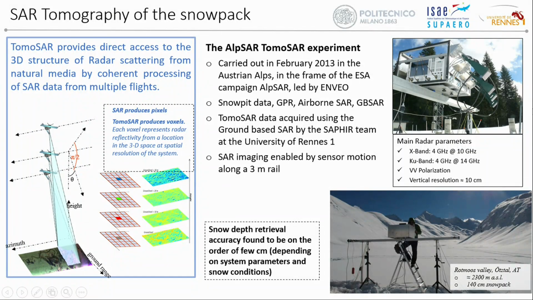And we did actually some experiments also in Rotmoostal at this field campaign, where we set up a radar system and measured at different elevations looking at the same site, and in parallel we did in situ measurements, to see can we actually retrieve the snow height out of this, or even get information on the layering within the volume, which is also very interesting.